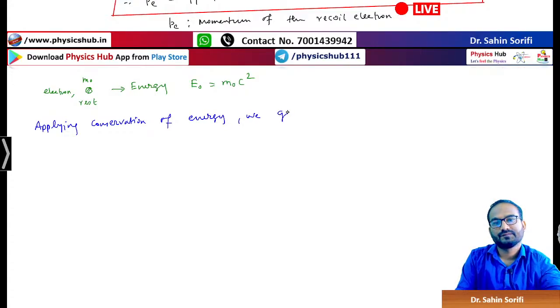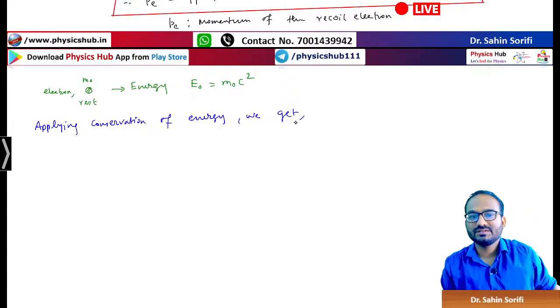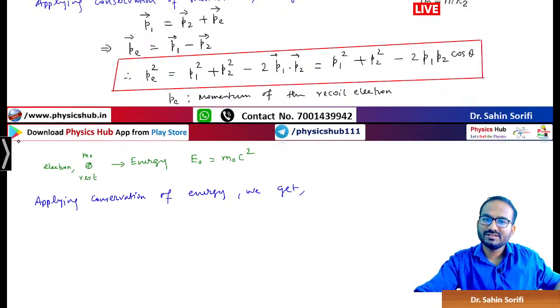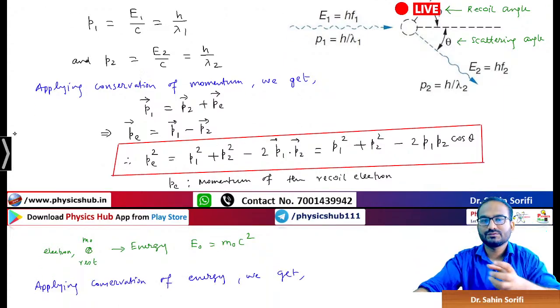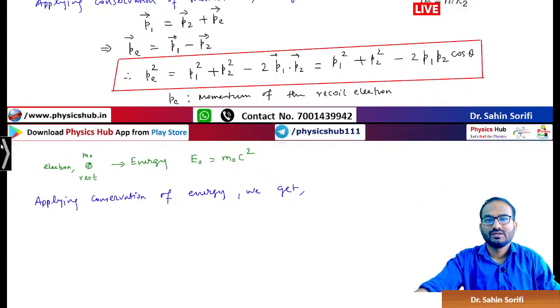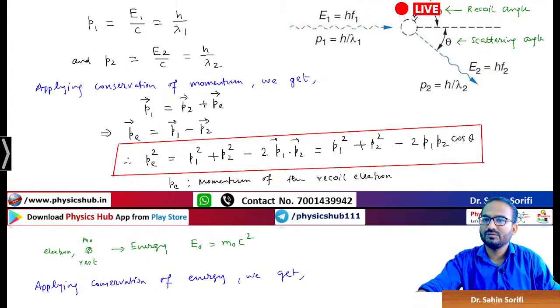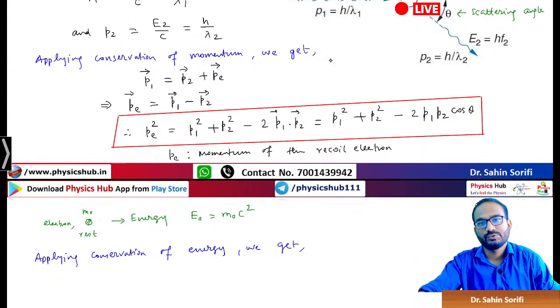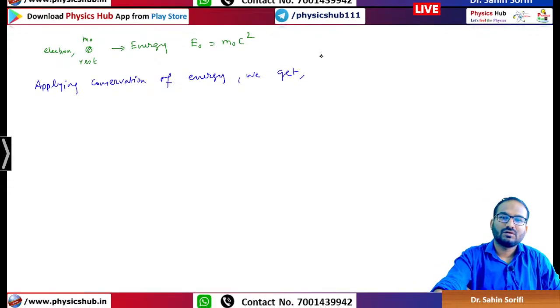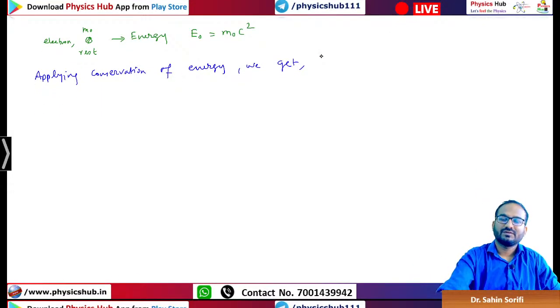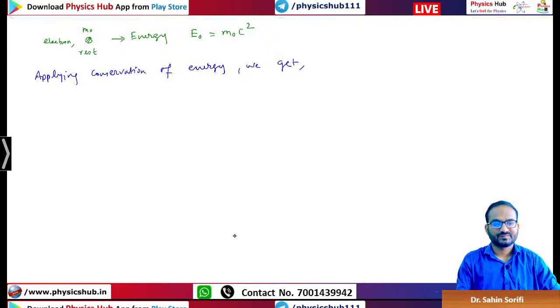Energy conservation says that the total energy before scattering will be equal to the total energy after scattering. Initially the electron was at rest, so the momentum was 0 for the electron, and the only momentum contribution was from the photon. Now when you consider energy, although it is at rest, it will have rest mass energy, right?